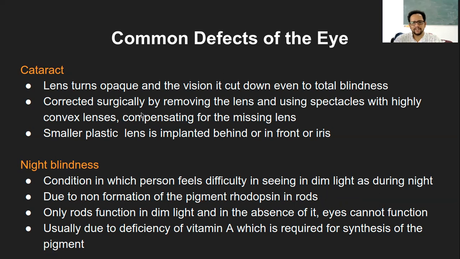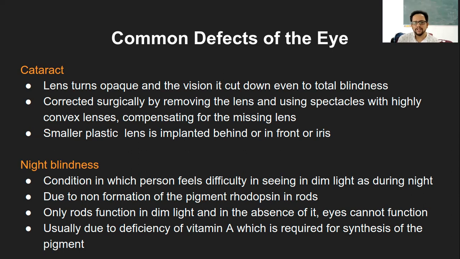It is corrected surgically by removing the lens and using spectacles with highly convex lenses, compensating for the missing lens. So whatever lens has been removed is externally provided to the eyes, and you need to wear it. And this is again a more geriatric type of situation. That means cataract happens after the age of 40s or 50.